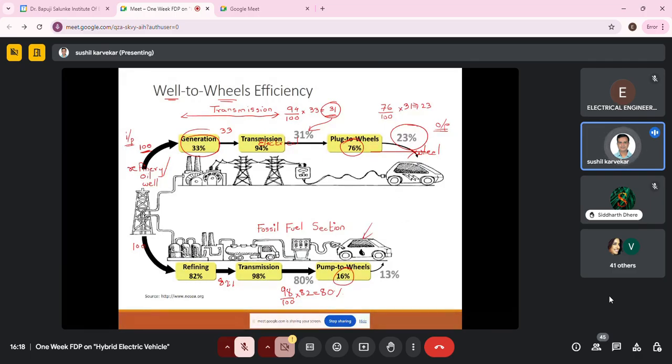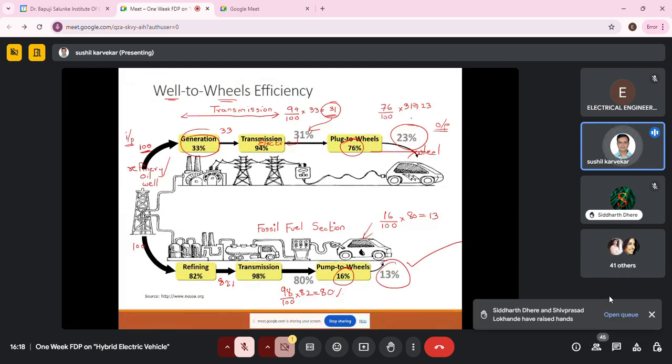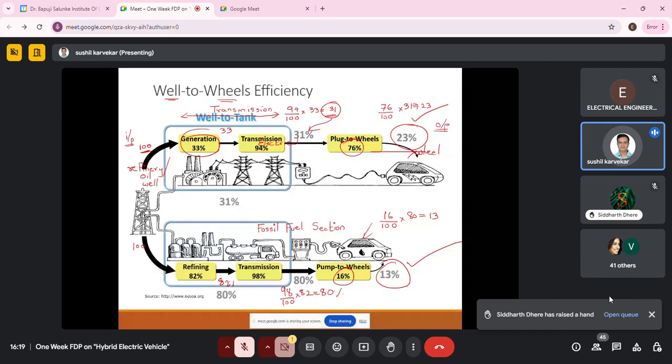That came out to be 16%. So 16% of 80 comes out to be 13. Finally, we can see that the electric vehicle is at 23% and the IC engine based system is at 13%. So again, electric vehicles are more efficient as compared with fossil fuel or IC engine based vehicles. This is something we need to understand.